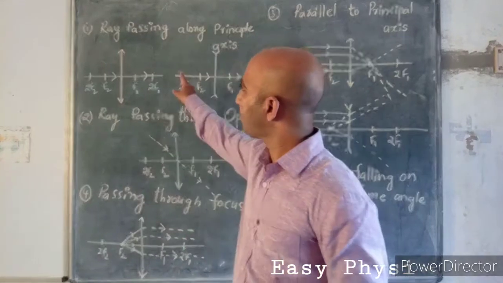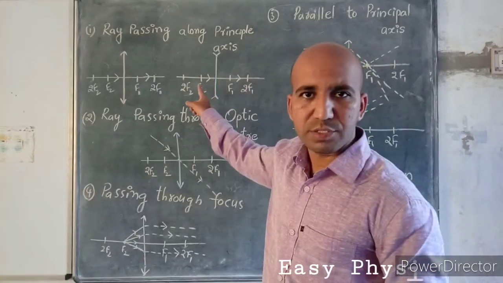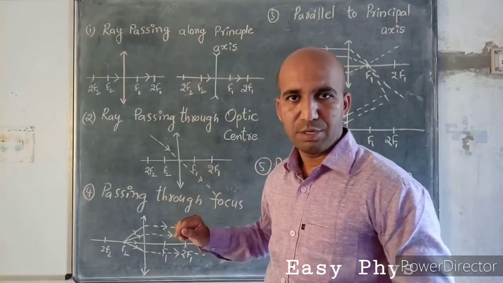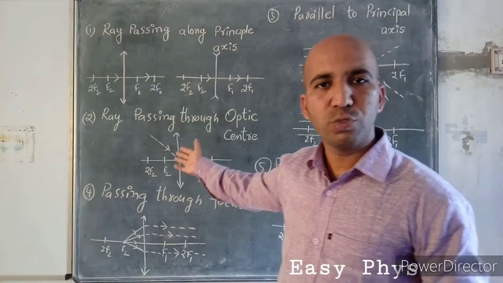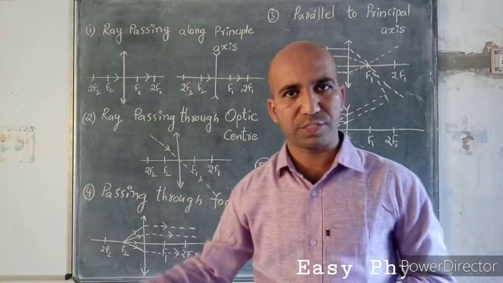The first one, when a light ray is passing along the principal axis, it is undeviated. In the second case, when the light ray is passing through the optic center, it is also undeviated after refraction.